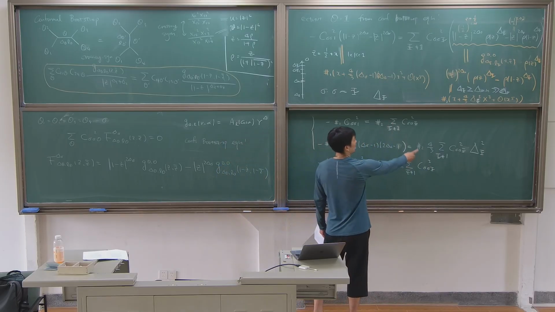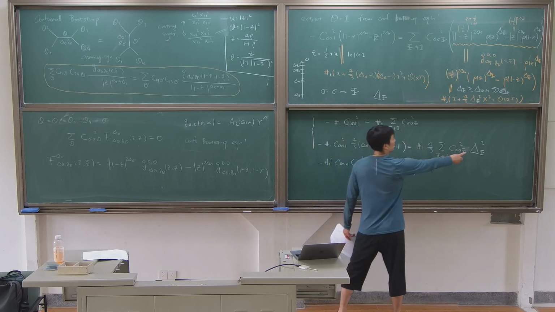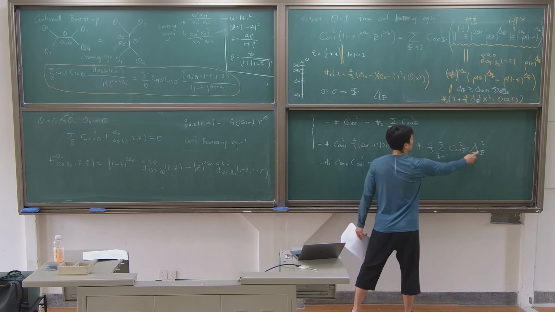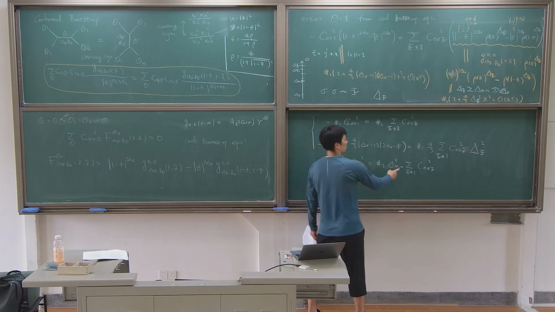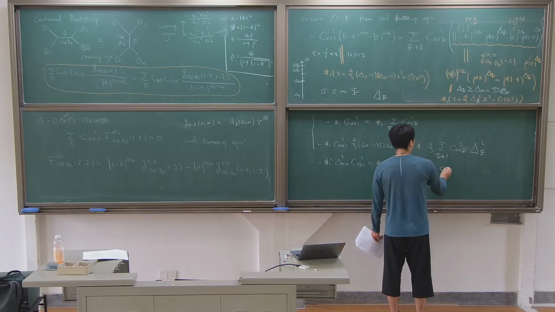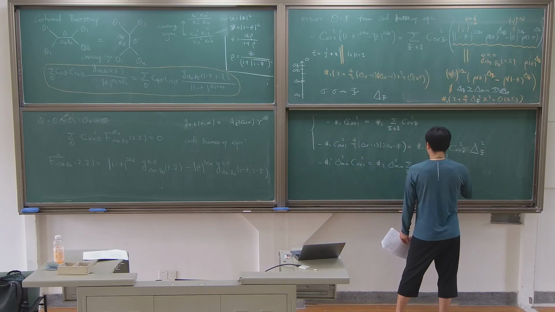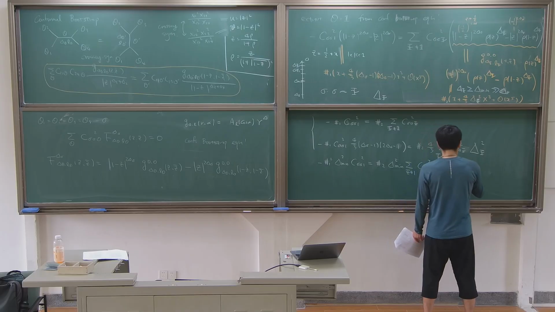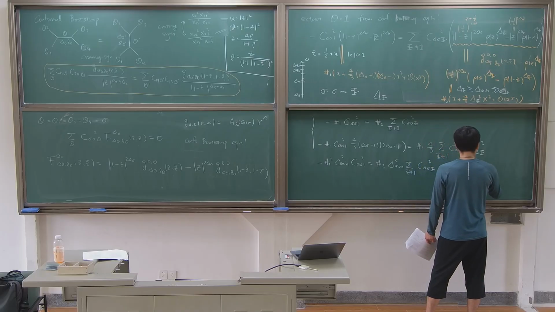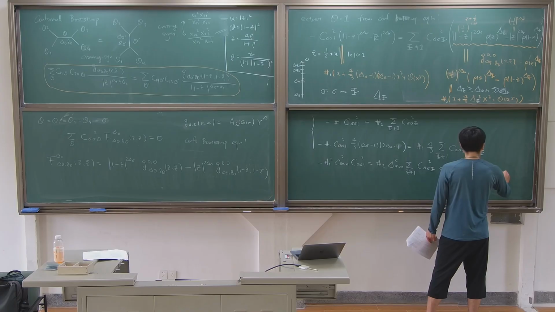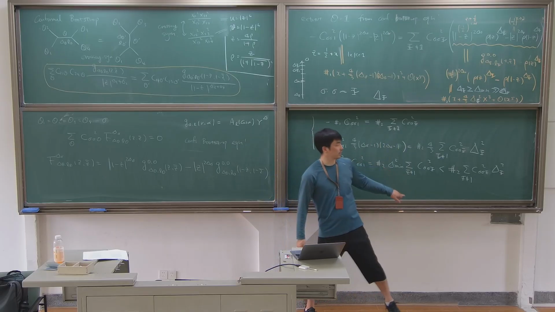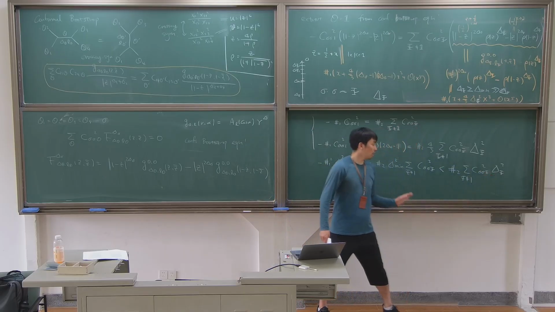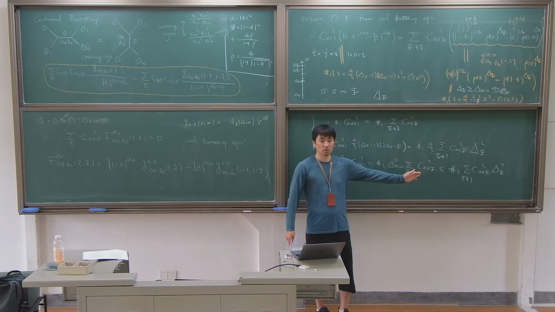If you compare between these two, delta psi squared is always bigger than delta min squared, so it's bounded by this sum. So here delta min is always less than delta psi. Therefore this inequality holds.